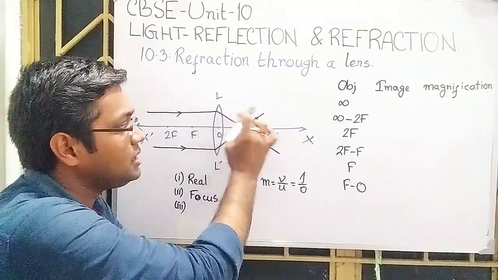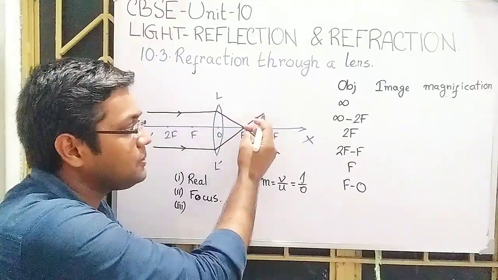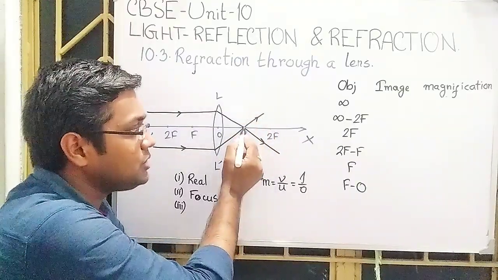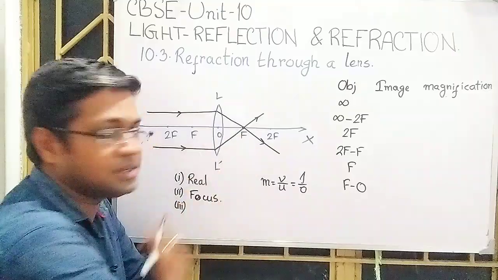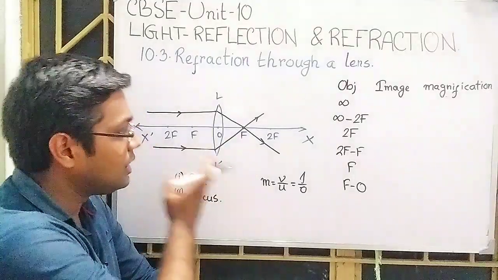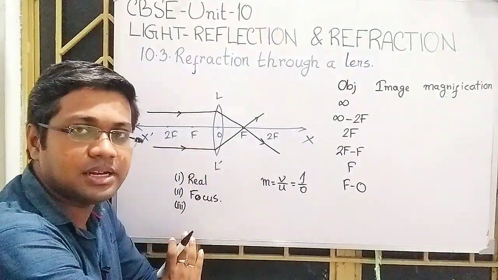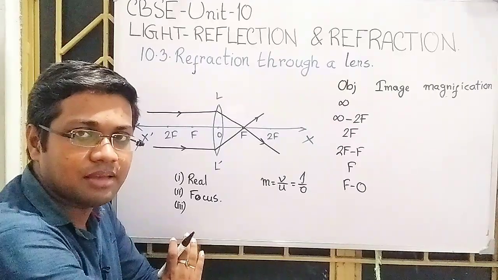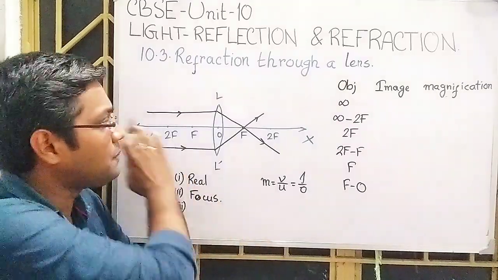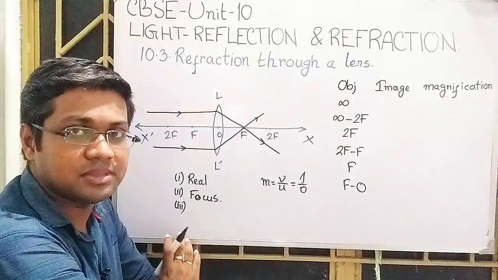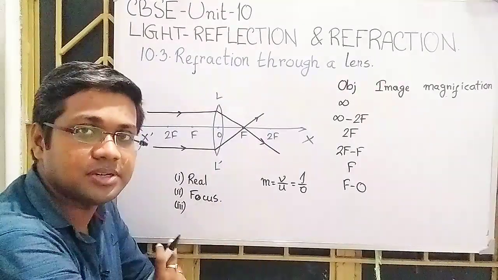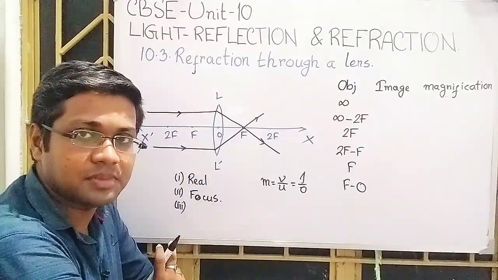All the refracted rays converge at the focus. So the image we obtain here is one point. But the object placed at infinity is a large one. That's why the parallel beam of rays are coming, just like the sunlight we consider as a parallel beam of rays.